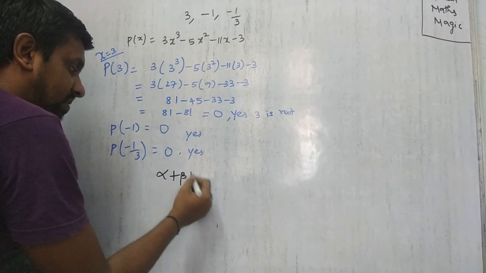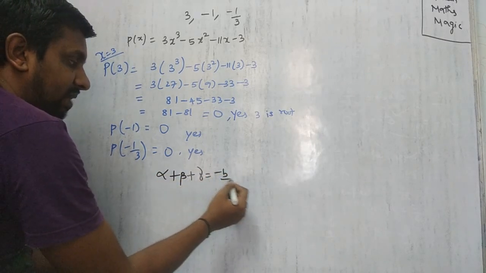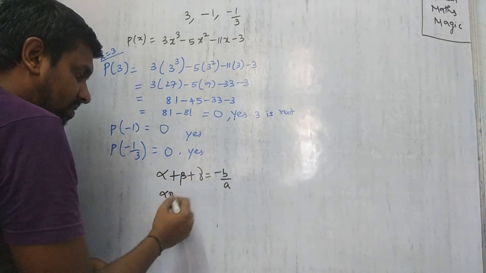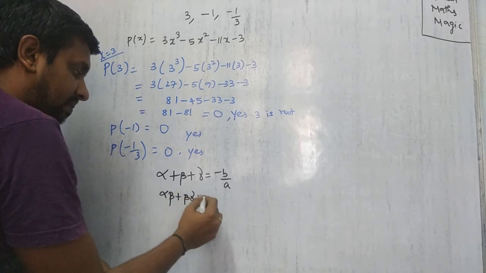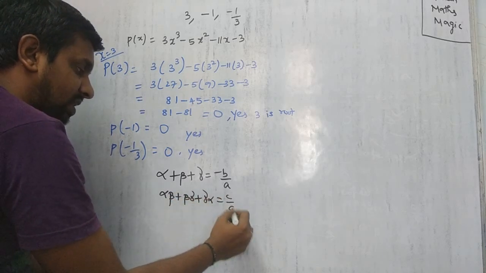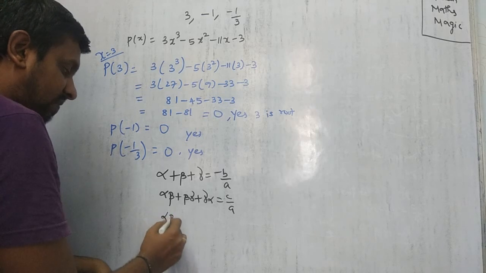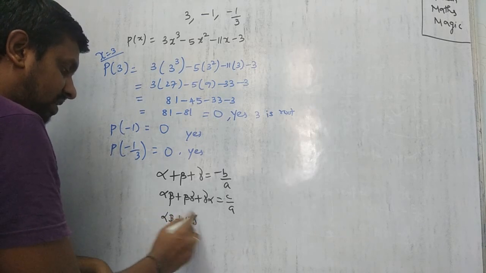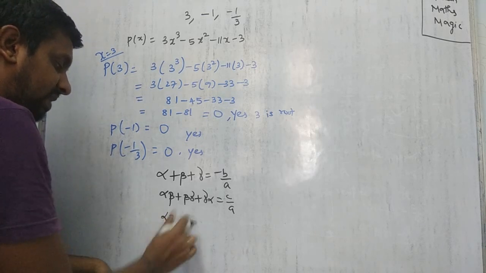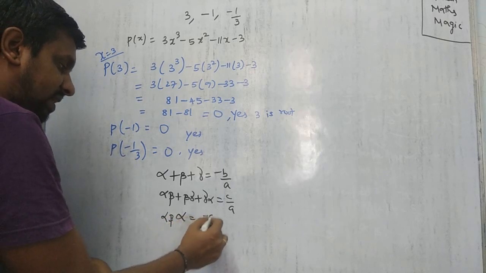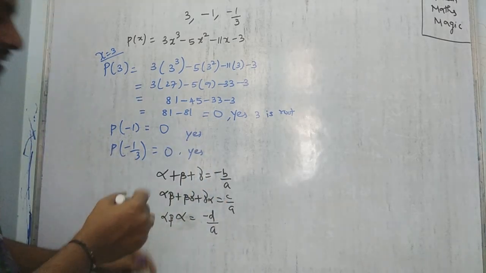Formula: alpha plus beta plus gamma equal to -b by a. Alpha beta plus beta gamma plus gamma alpha equal to c by a. And the last one, alpha beta gamma, the multiplication, equal to minus d by a.